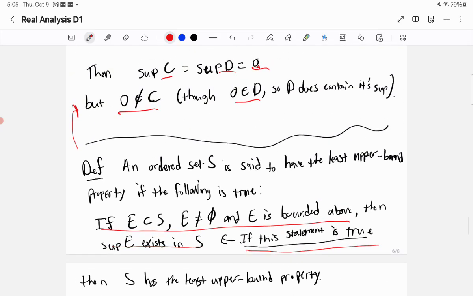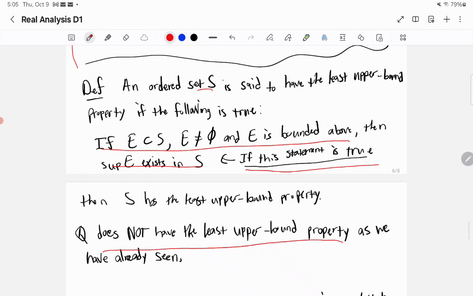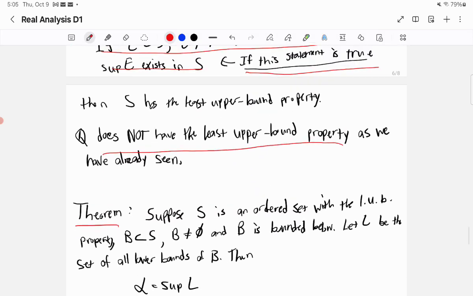So the ordered set S has the least upper bound property if all of those things are true. If a non-empty subset of it is bounded, having an upper bound, and the supremum exists, all of those three things, then it is said to have the least upper bound property, right?